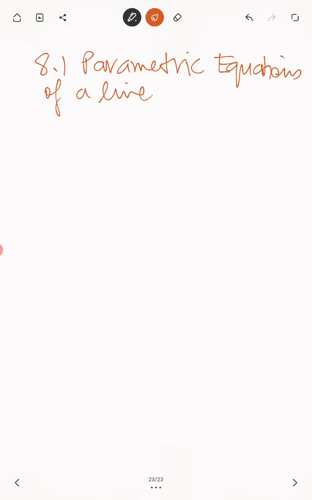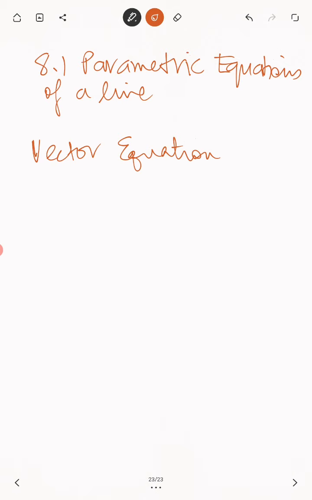However, we cannot use those same equations to describe a line in three space, which is important in the study of vectors. So let's just have a look at the vector equation of a line, because the next topic, which is the parametric equations of a line, is described from that form.